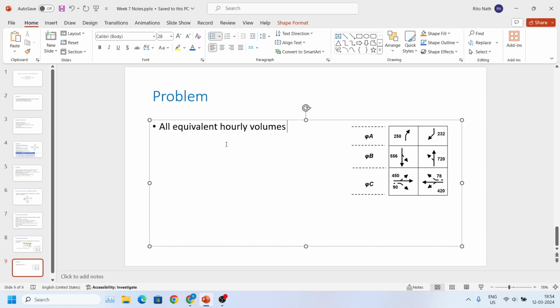And then you are given some additional information. So one is target V by C ratio.